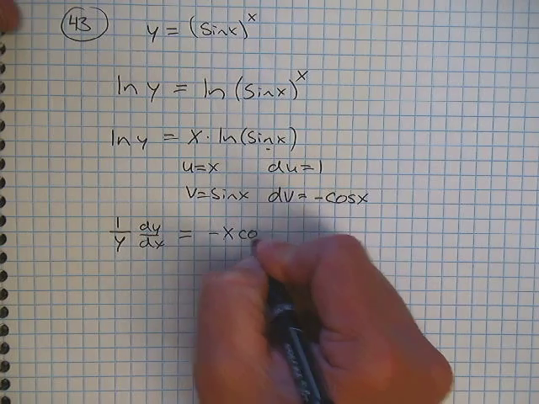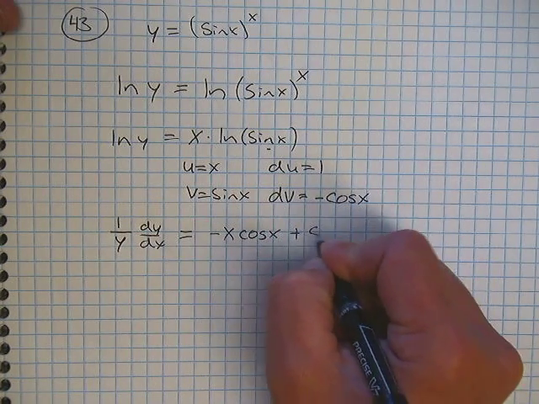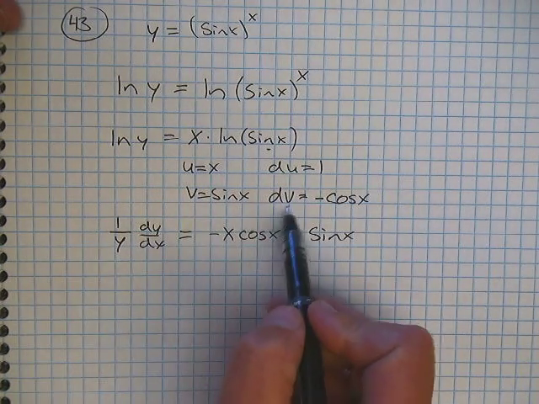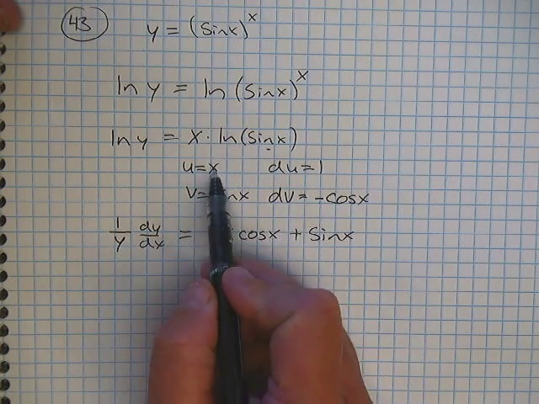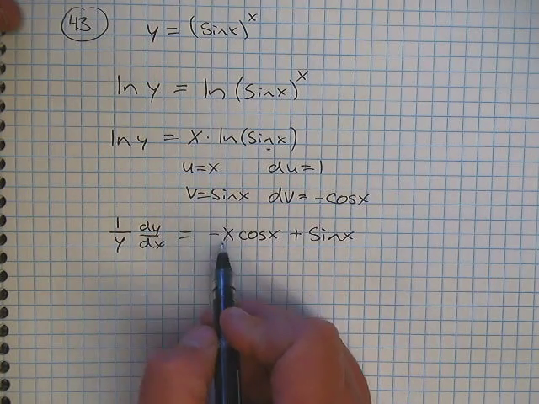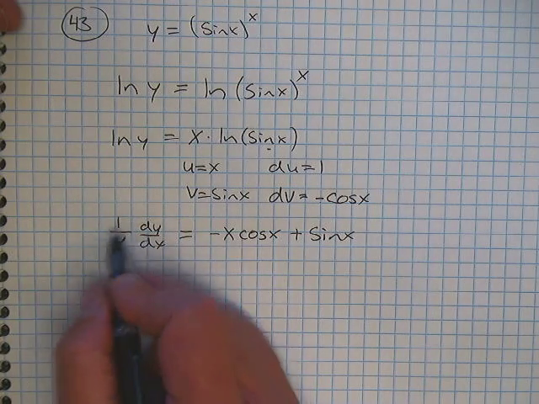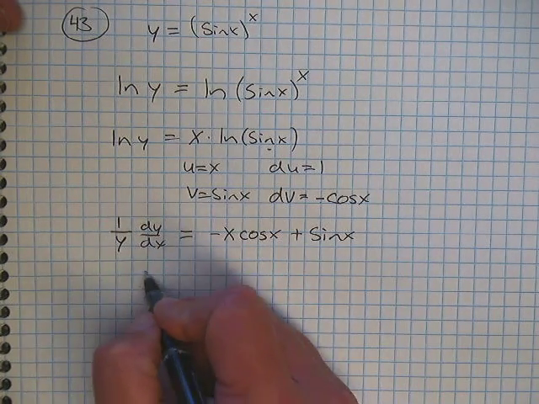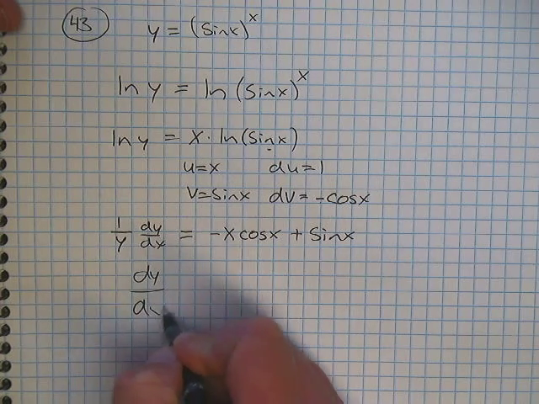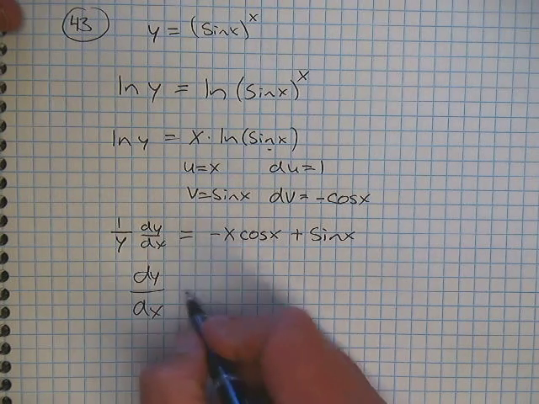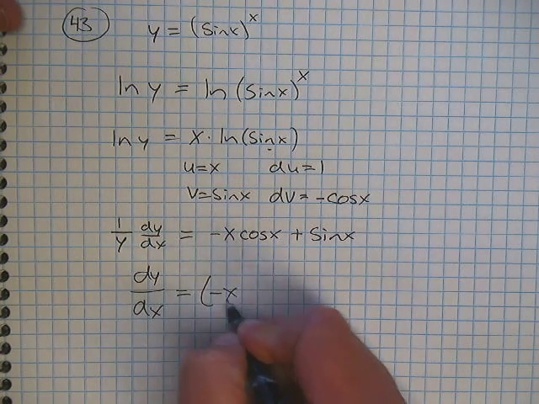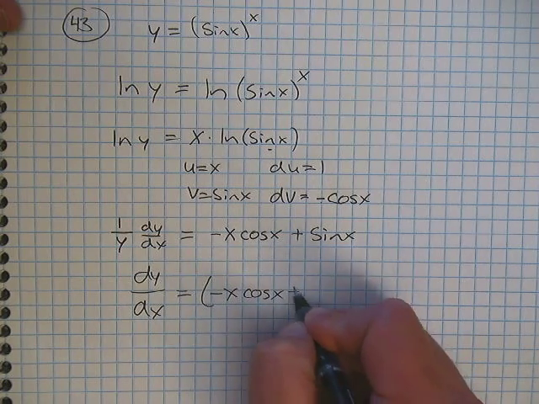We never want to leave that with a y over here. We always want to have our dy/dx all by itself. So we just multiply by y, and that gives us negative x cosine of x plus sine of x times the sine of x raised to the x. And on a free response question, you're done. That's perfect. You have no problem with this.